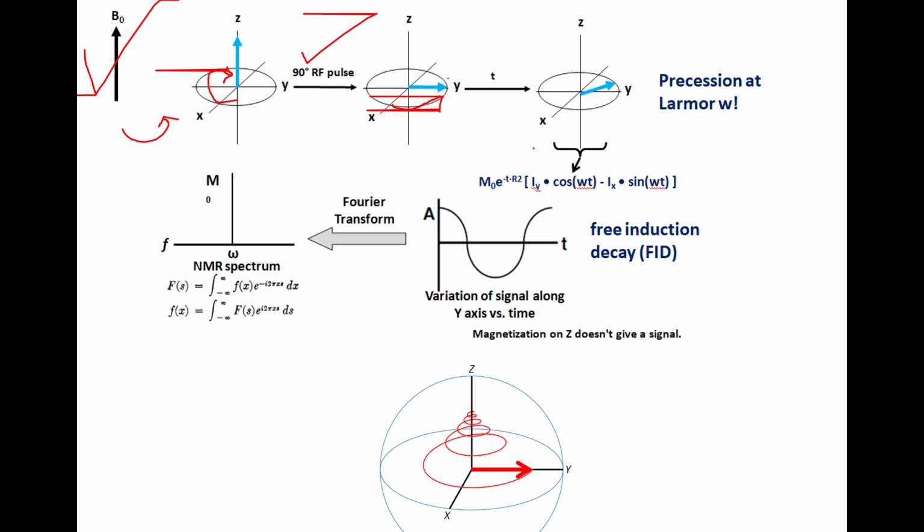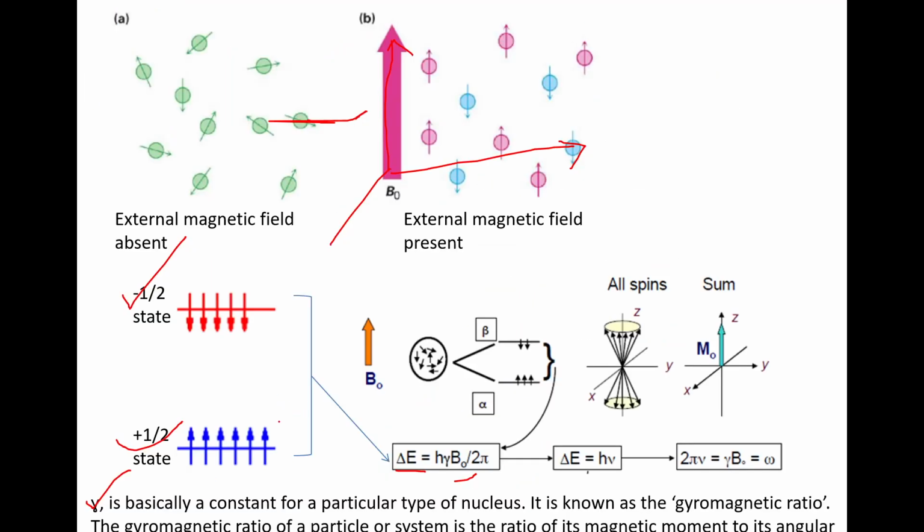But it will not precess in the xy plane all the time, because whenever a moment precesses in a circular path, it loses certain energy. So there is some emission, and it will again try to come to the lower energy state.